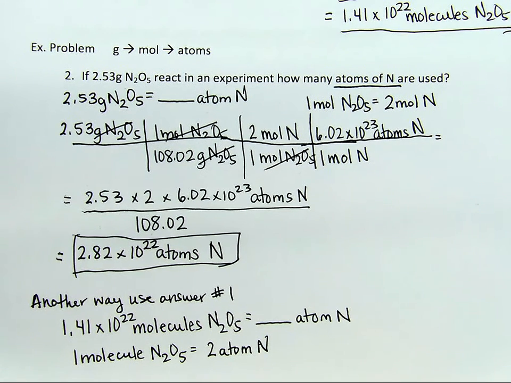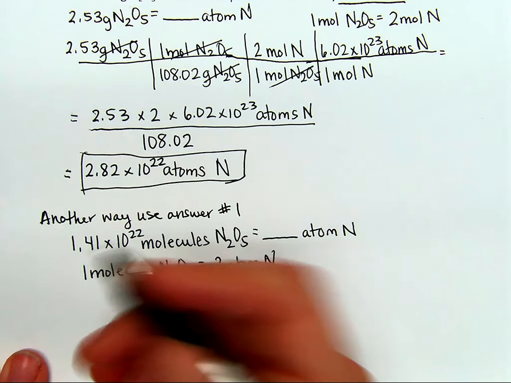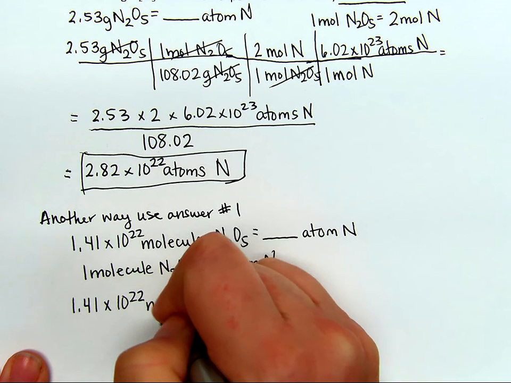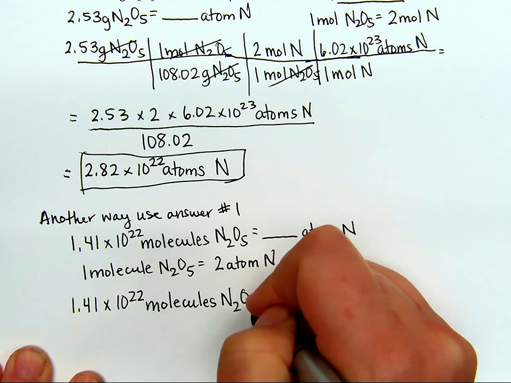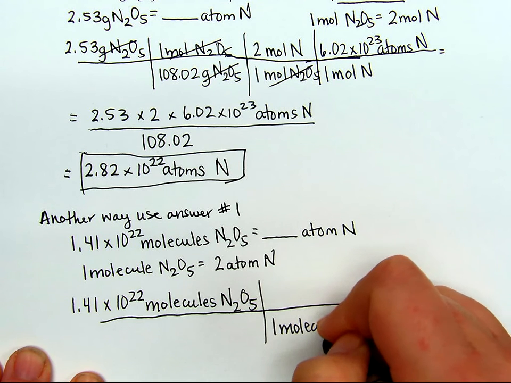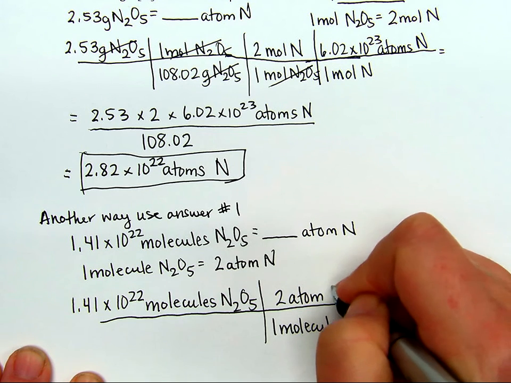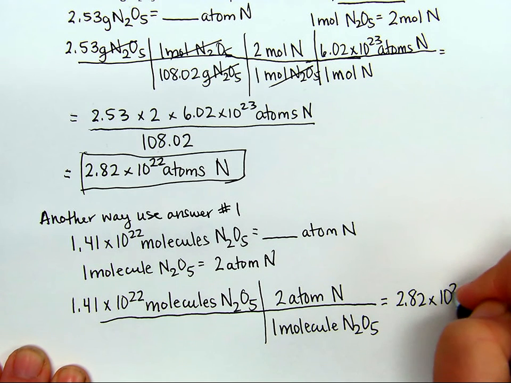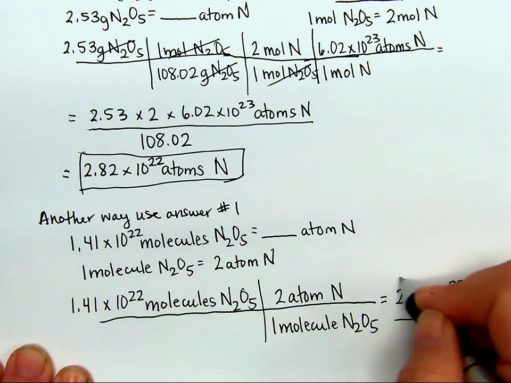If we do that, then we can say 1.41 times 10 to the 22nd molecules of N2O5, and for every 1 molecule of N2O5 there would be 2 atoms of N. And what you would find is your answer, 2.82 times 10 to the 22nd atoms of nitrogen. Your answer is the same.